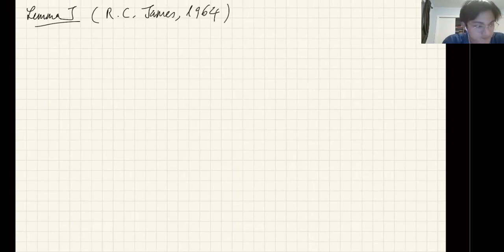And so we have a lemma. And it's due to R.C. James in a paper from 1964.